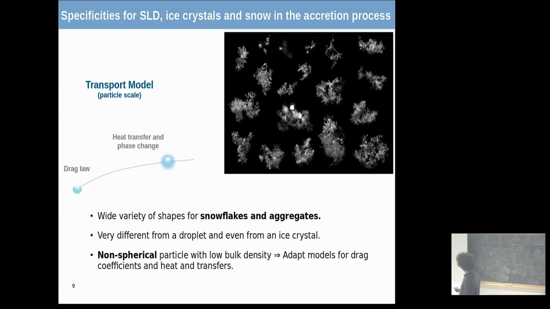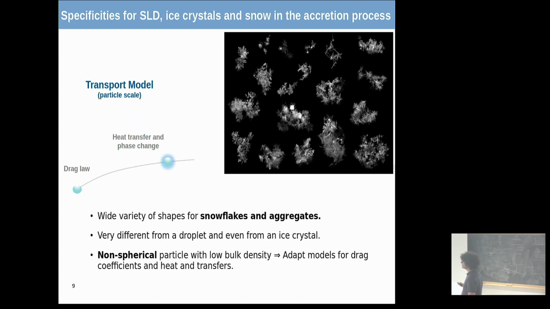So, on the transport models, as you know, for aggregates, there is a wide variety of shapes for snowflakes, and particularly for aggregates. And what we have to have in mind is that the codes we propose when I was at ONERA are for industrial application, and it's not possible for them to describe accurately each snowflake, to have the precise drag of each snowflake.